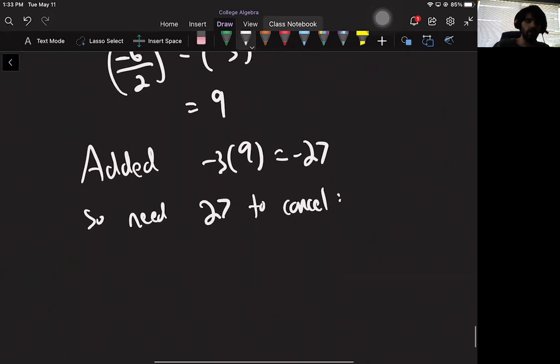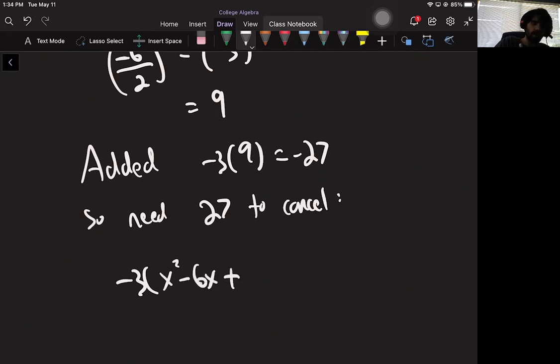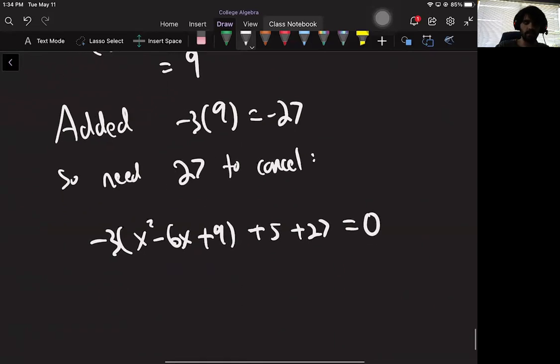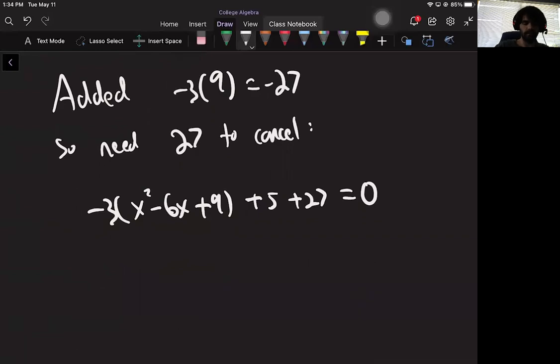So my equation really becomes -3(x² - 6x + 9) + 5 + 27. So this time I have to add 27 to cancel the -27 that I've secretly added.